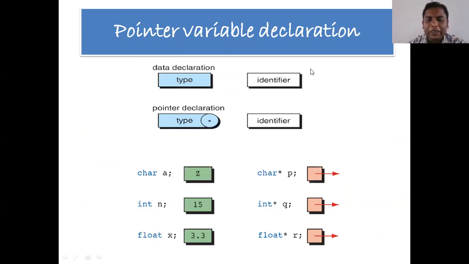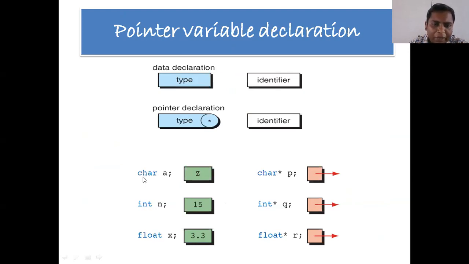So let me further clarify how we can declare a pointer. Here we can declare a pointer using data type followed by a star symbol followed by an identifier. For example, I want to declare a character variable.